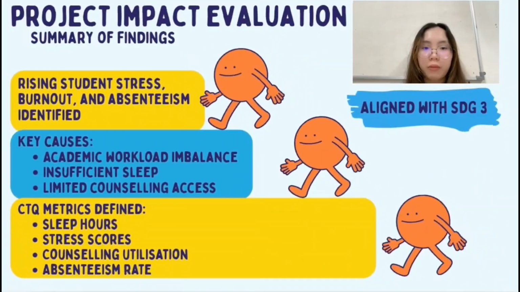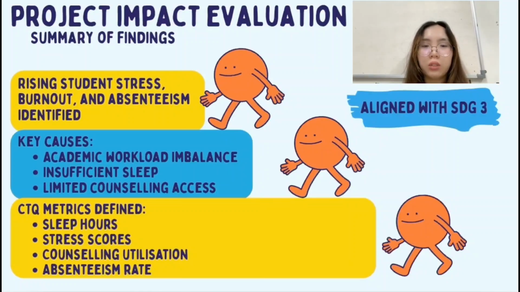This project identified the increasing level of student stress, burnout, and stress-related absenteeism in higher education. From the define and measure phases, the main causes were academic workload imbalance, insufficient sleep, and limited access to counseling service.